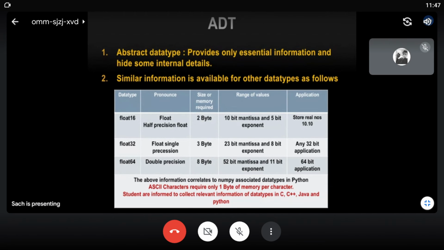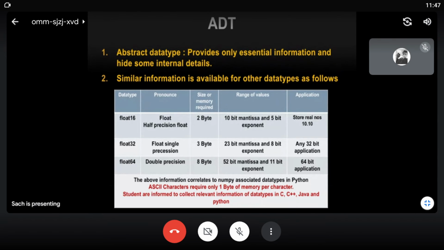In 2 bytes there are 16 bits, and over there 10 bits are for mantissa and 5 bits are for exponent. So there are total 15 bits over here and one is the sign bit, that indicates either a positive or negative sign. So there is utilization of 16 bits in float.